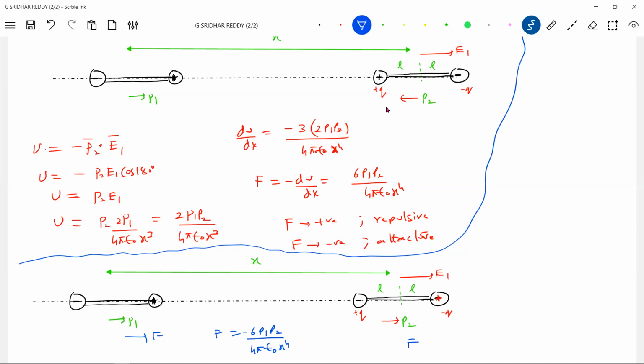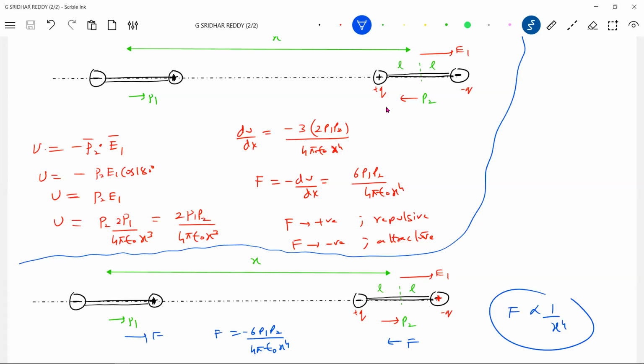If you end up with a positive sign, it'll be repulsive. Then the force of interaction is proportional to 1 by x to the power 4. Very important for exams, do remember. The force of interaction between dipoles is proportional to 1 by x to the power 4.